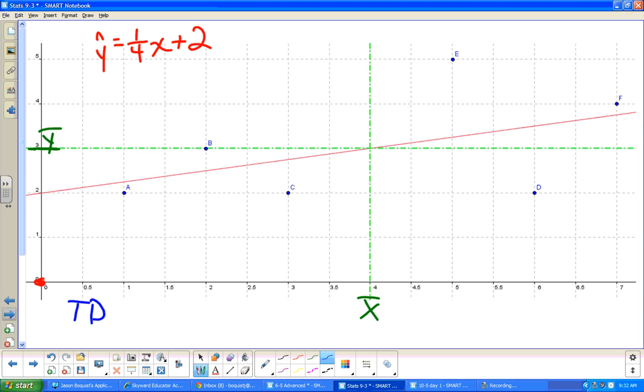Now this is just deviation, right? TD, total deviation, for point A. Well, where am I at? My y value is actually 2, correct? Minus the mean, which is, what is y bar? 3, right?